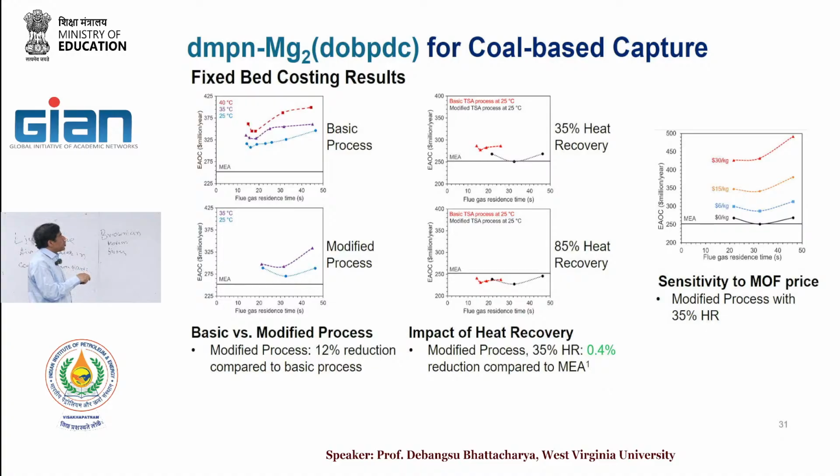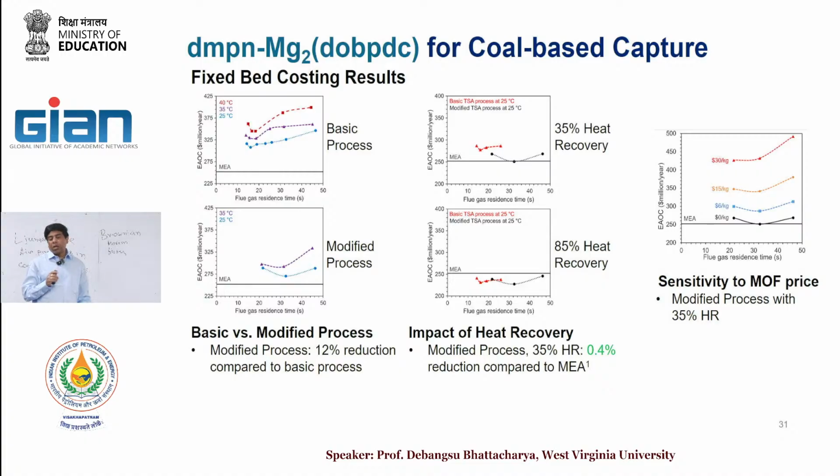So for the fixed bed, if this is the MEA process, many of these fixed beds that we considered, if you do not consider any of the heating and cooling processes, those embedded heaters and systems like that, will not be cost effective with respect to MEA. Then we considered the modified process, with heating and cooling, which brought it closer to MEA but still could not beat it.